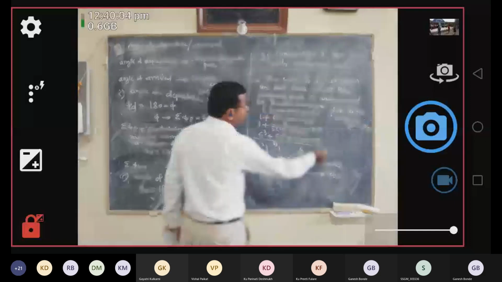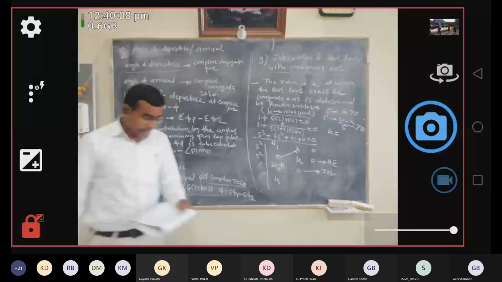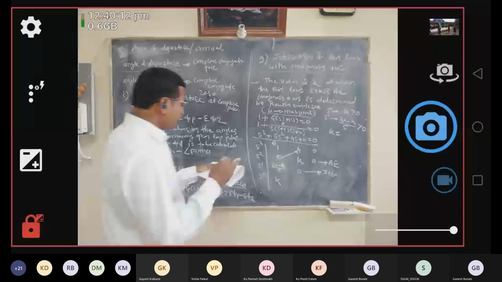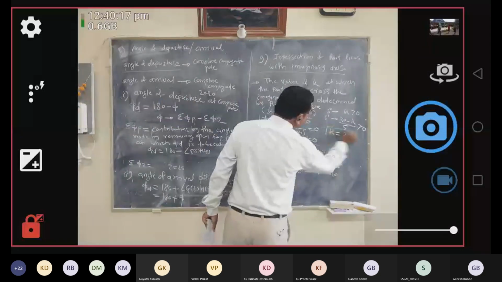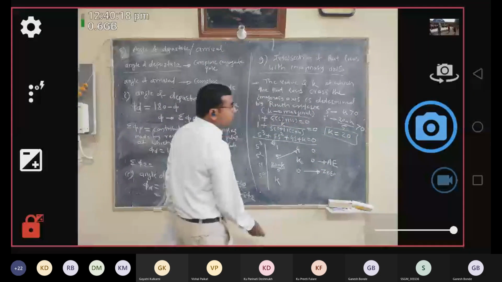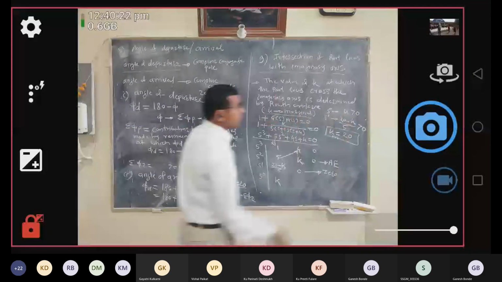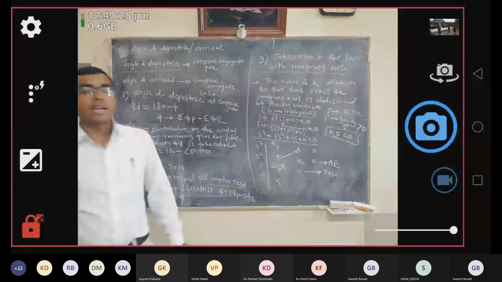From this expression determine the value of k. What will k be? 5 goes to 0, so k is equal to 20. So k equal to 20 is your marginal value of k. So when k is equal to 20, your root locus branches are intersecting the imaginary axis.